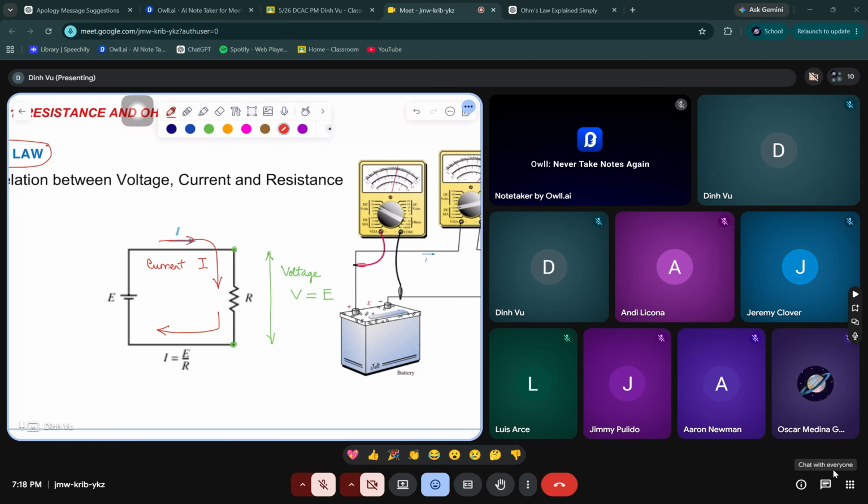Tomorrow, when we do the lab 0, when we practice in the lab, I will explain how to use the multimeter to measure the resistance, the voltage, and the current on this resistor.